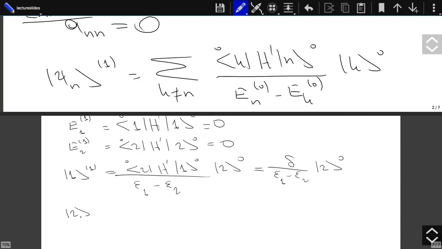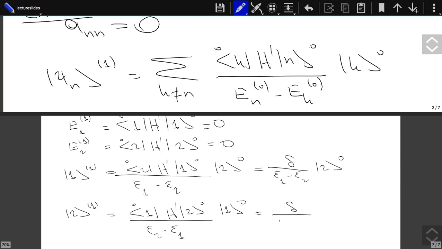We can write the first order correction to the second state. This will be the bra of 1^(0), H prime, ket of 2^(0), times the ket of 1^(0), divided by epsilon 2 minus epsilon 1. Again, this matrix element is delta.